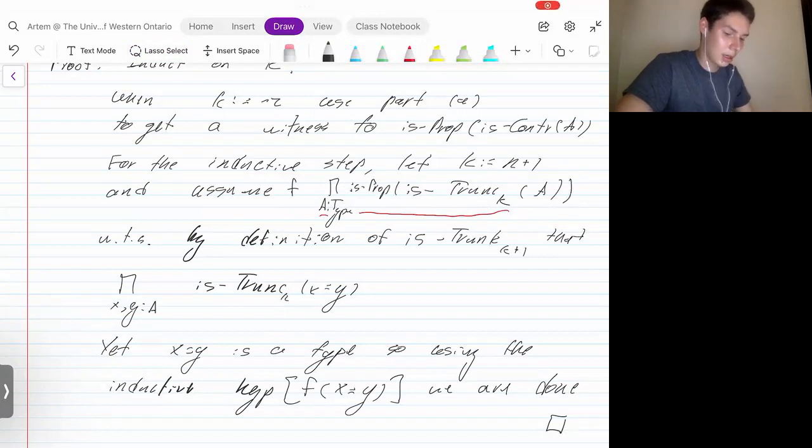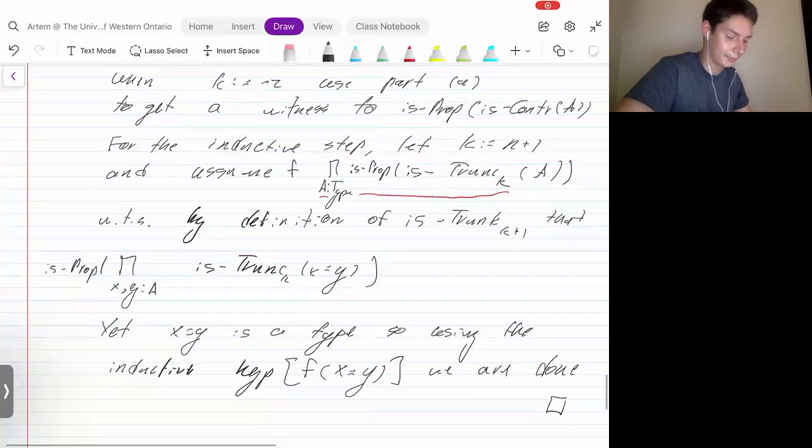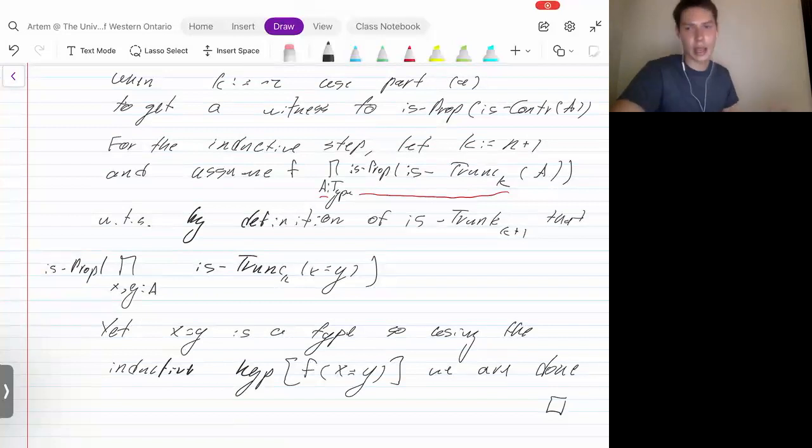And we want to show by definition that for all x, y, this is prop. So yes, all is good now, I think.